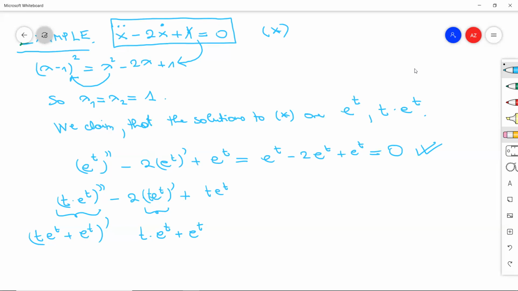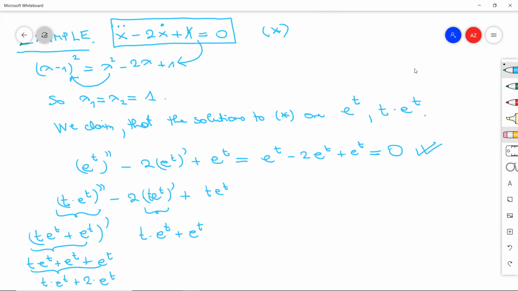Here we just take the derivative of every summand, and we get t times e to the power of t plus e to the power of t plus e to the power of t. So we get t times e to the power of t plus 2 times e to the power of t.